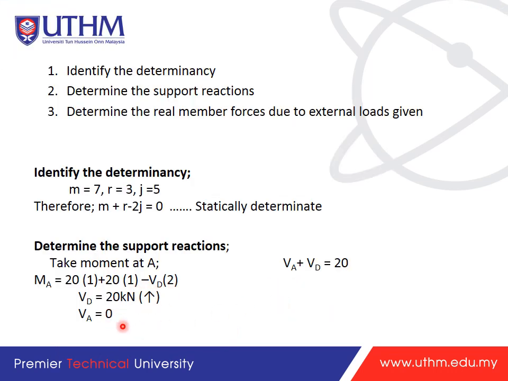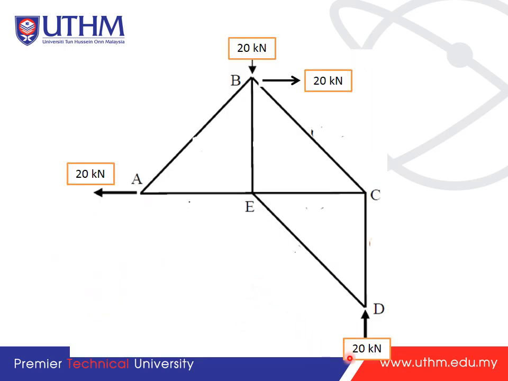So we will get VD as 20 kilonewtons upwards, and the rest will be 0. How do we get 0? Based on the equation of equilibrium. So we have found the support reactions.